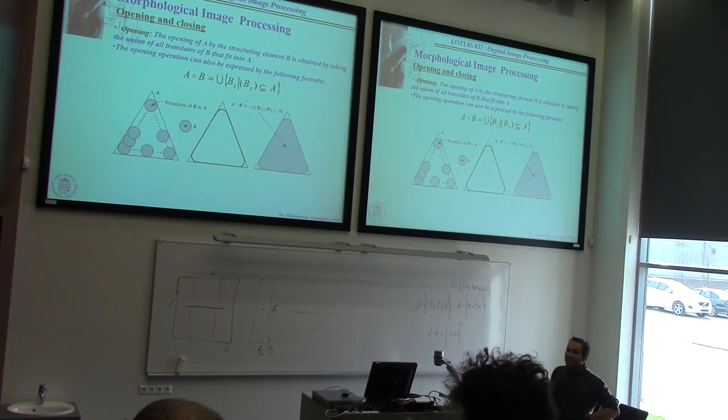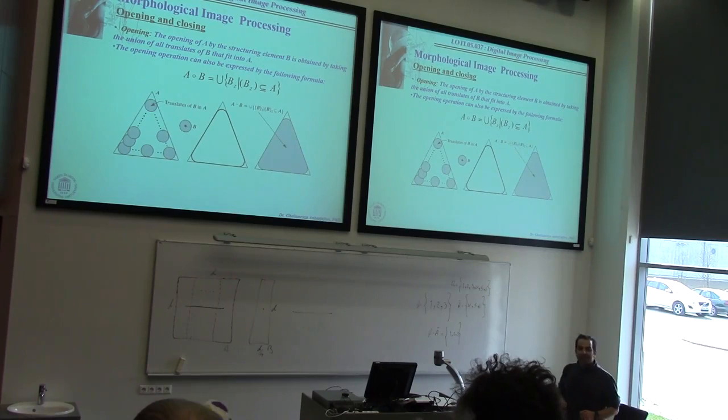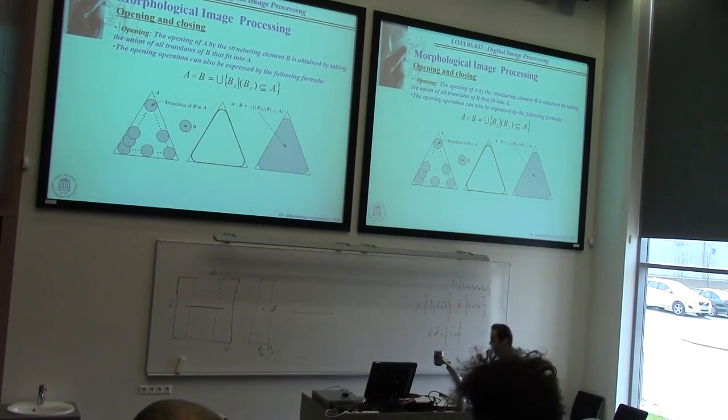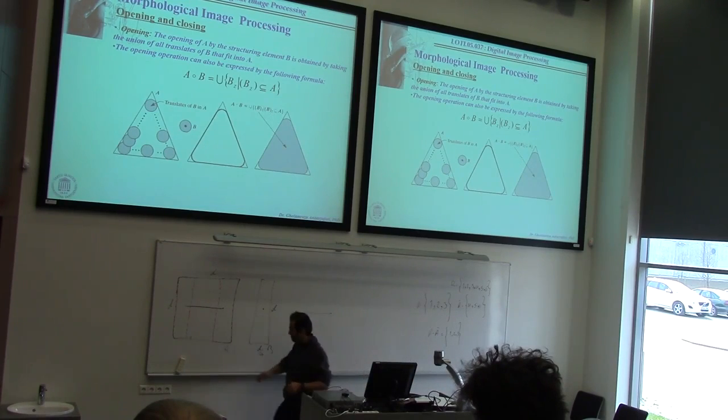After applying the erosion, we can find these sets. We know that we go from the center. Then for the opening operation, we have to find the dilation of the result of the erosion. It means that we have to apply this structural element again to these results that we have here. Or let me write it, maybe better.